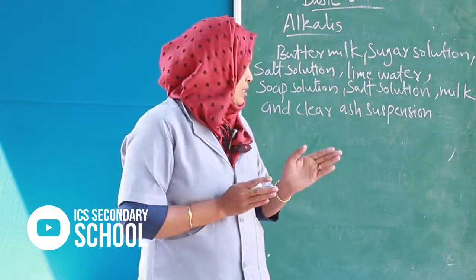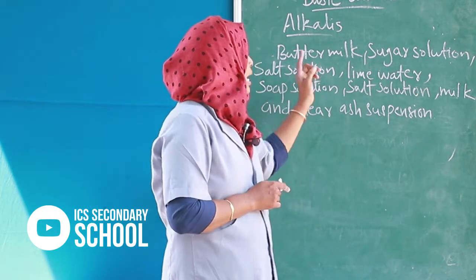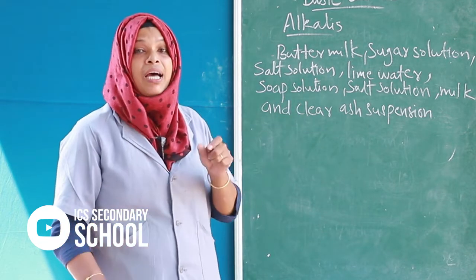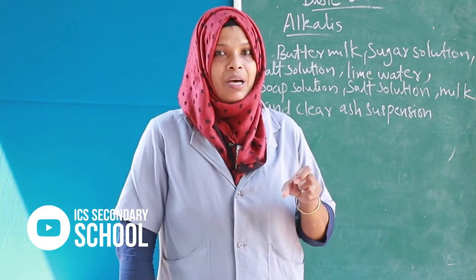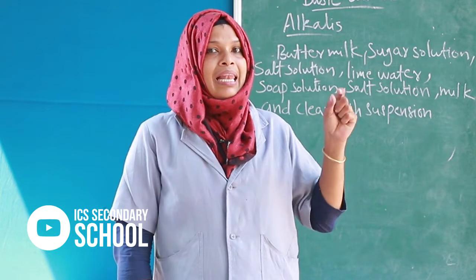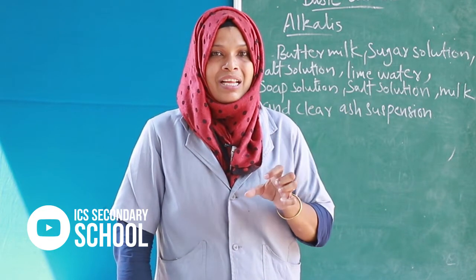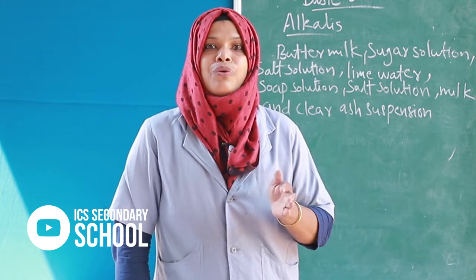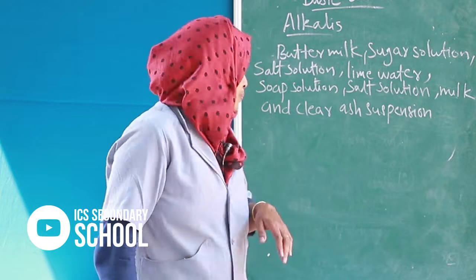Okay. Which are the solutions? Lime water and soap solution. When we dip the red hibiscus paper in lime water and soap solution, the red hibiscus paper changes into blue.